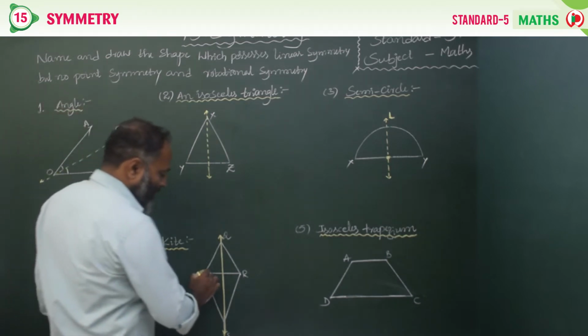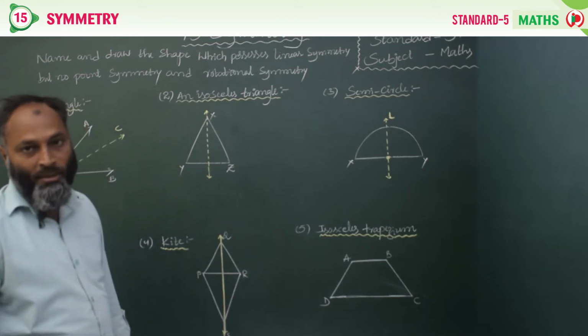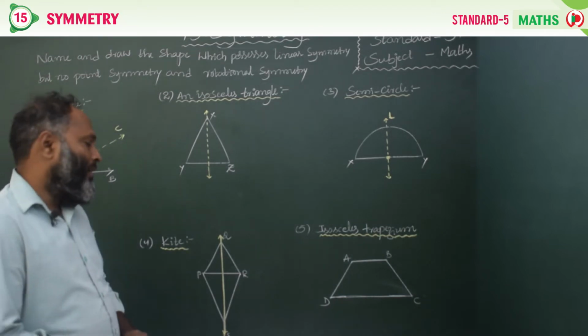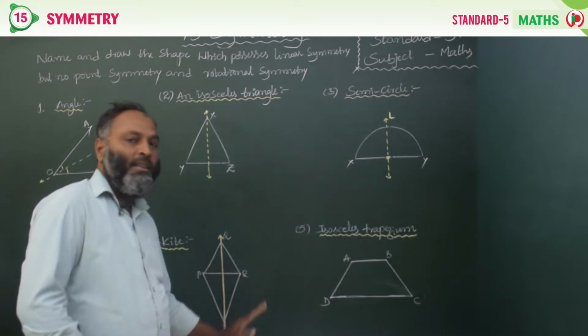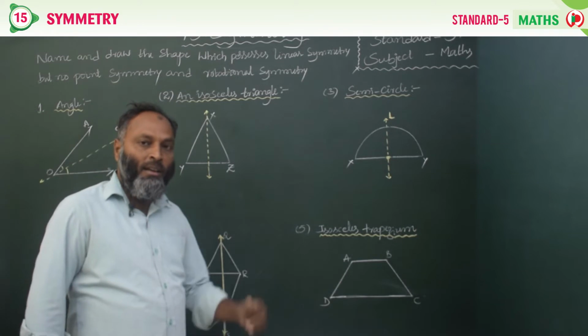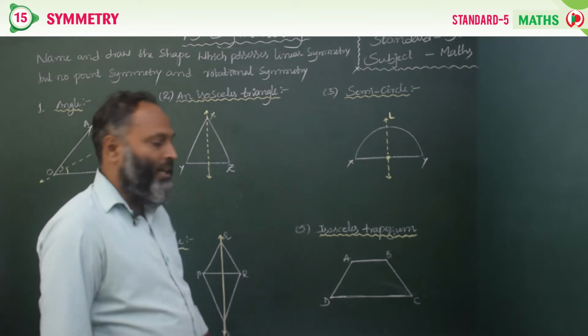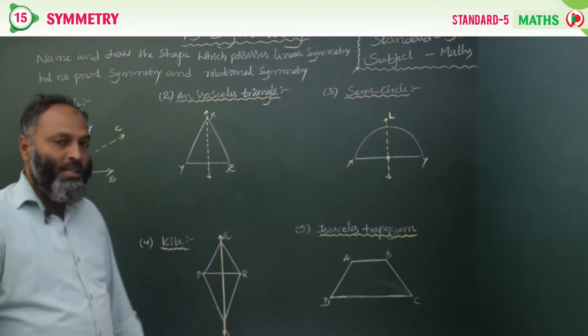But if you draw a horizontal line, the upside and downside are different shapes. So this vertical line is a line of symmetry, and here we don't get a point of symmetry or a rotational symmetry.